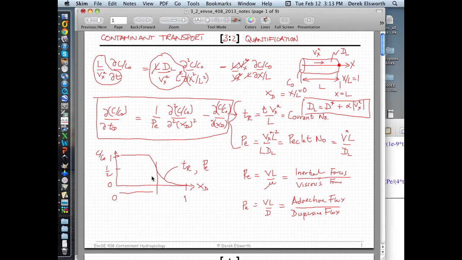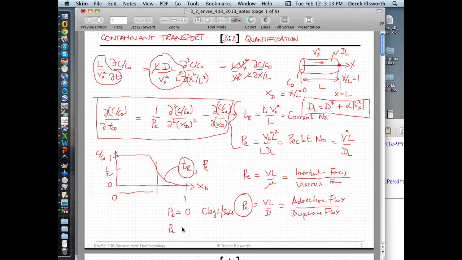The main point here is that we can describe behavior in terms of just these four quantities, this relative time and the kind of flow regime that we think we're in. Well, let's write it out. So Peclet number equals 0 is flow in clays and shales, where the flow velocity is tiny and the only important feature is going to be dispersion.